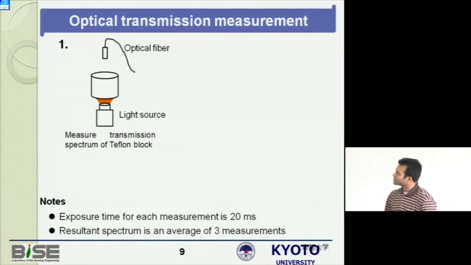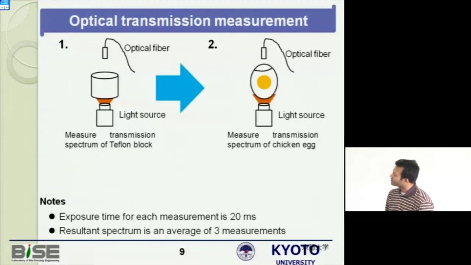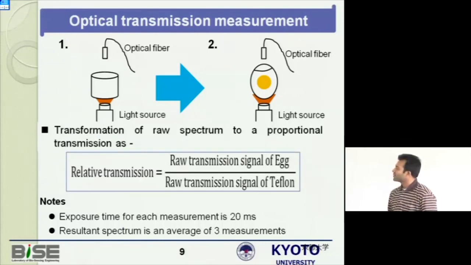At first we measure the transmission spectrum of a reference material, a Teflon block, and then we measure the transmission spectrum of the chicken egg, and then the raw transmission spectrum is transferred to a proportional transmission like this. The exposure time for each measurement is 20 milliseconds, and the resultant spectrum is an average of 3 consecutive measurements.